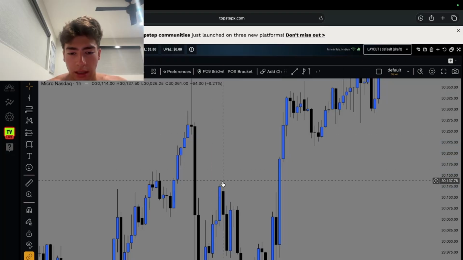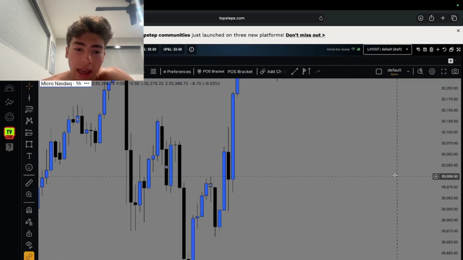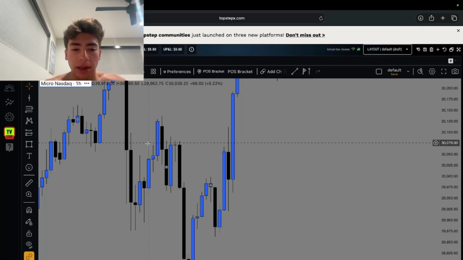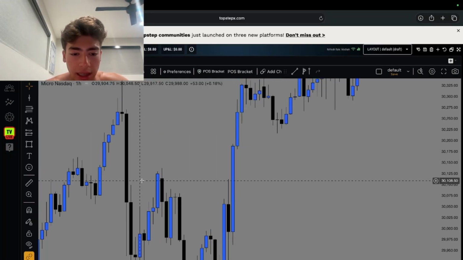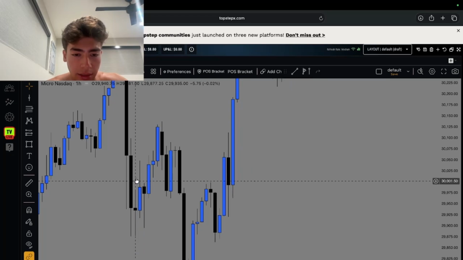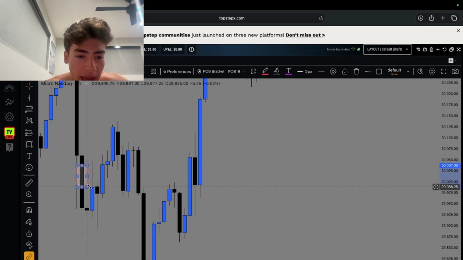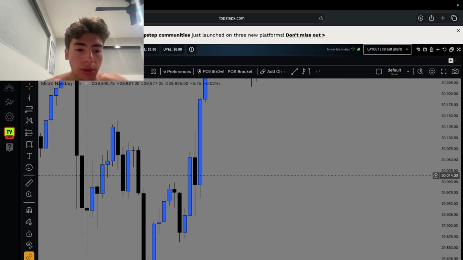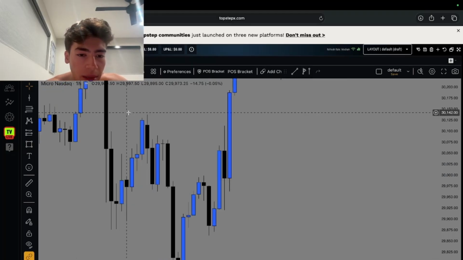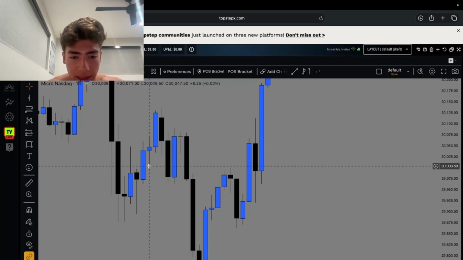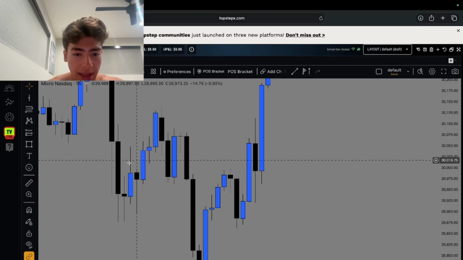Now let's look at, sometimes we don't always leave a gap. So if we look at this candle and this candle, there's no gap in here, because due to this wick, there can't be a wick in between it. This isn't a gap. 1, 2, 3, no gap. 1, 2, 3, yeah, there's a gap right there.